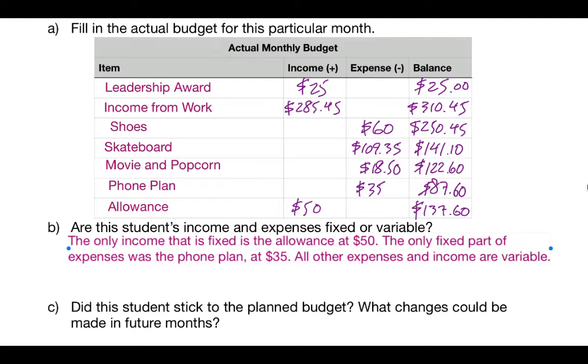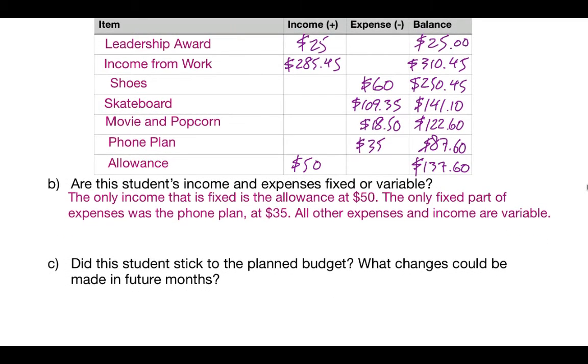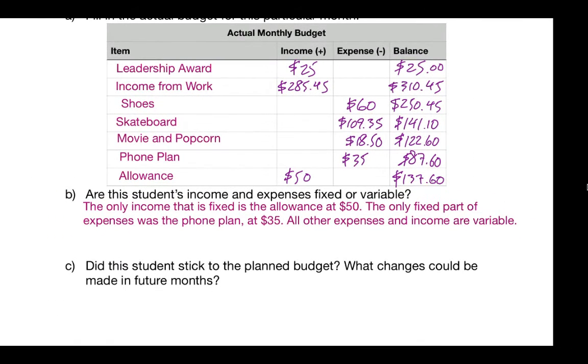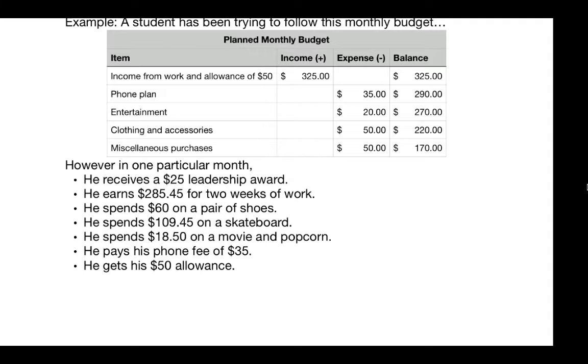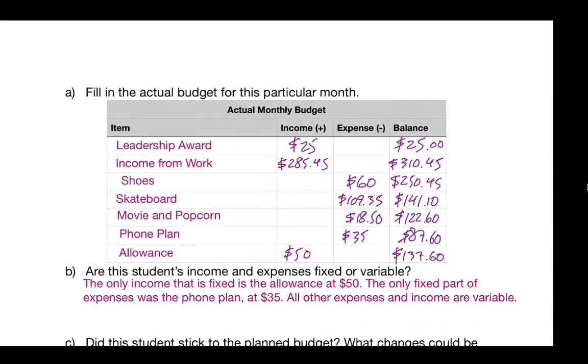Okay, cool. Next, the question is, did the students stick to the planned budget? So, if you do a quick addition of the three incomes here and compare it with the income there, the income is $325 here, and it's definitely more than $325. So they're getting more income.